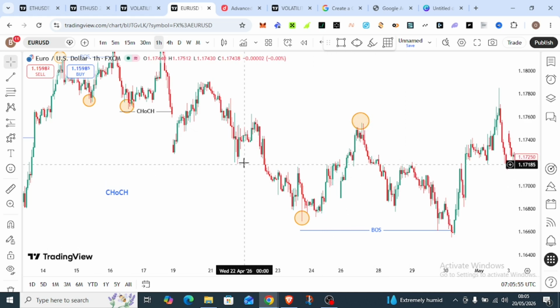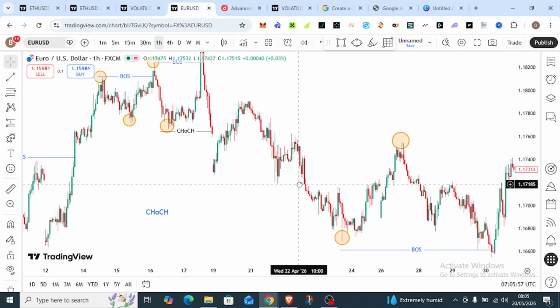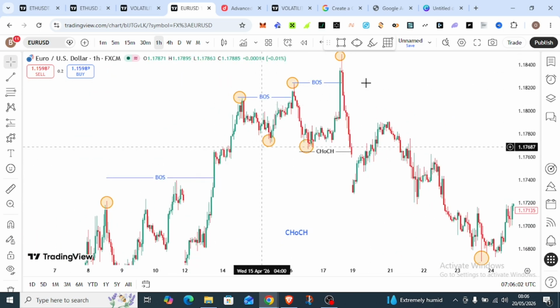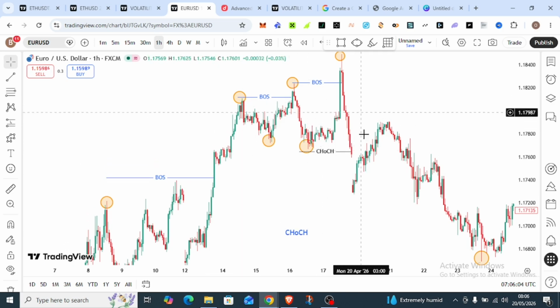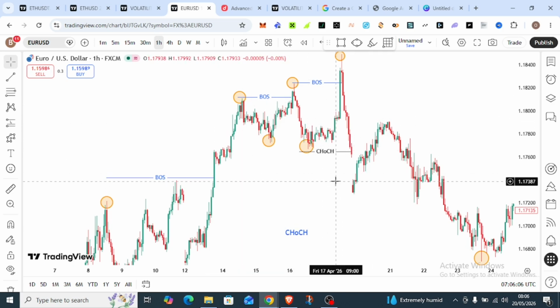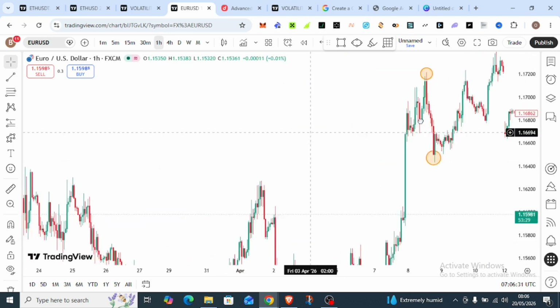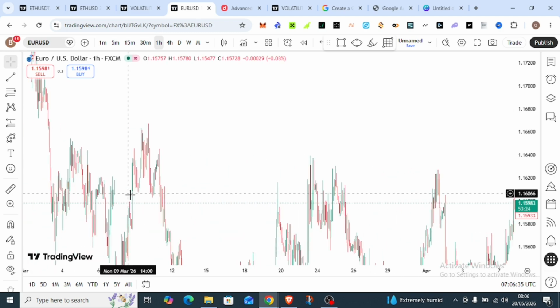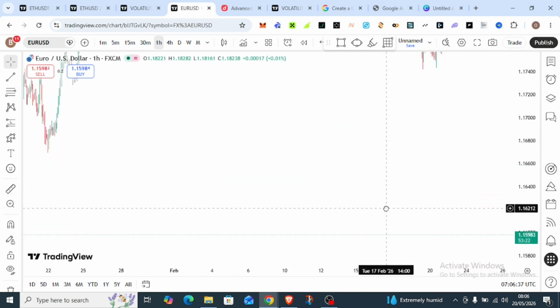This is for the bullish structure. So we have two types of CHoCH, the bullish and the bearish change of character. For another example, let me zoom out the chart so we can find another example.